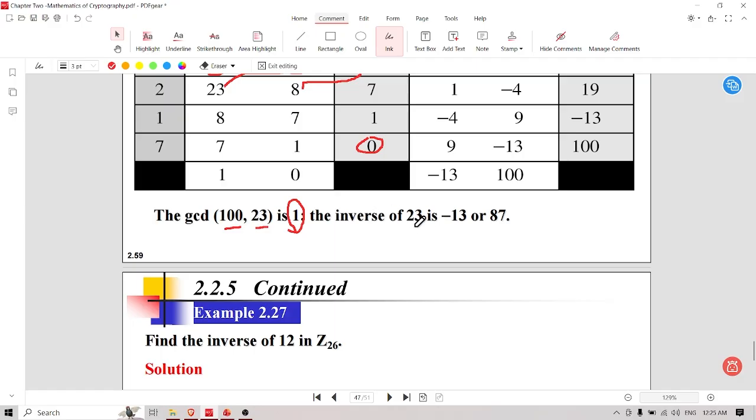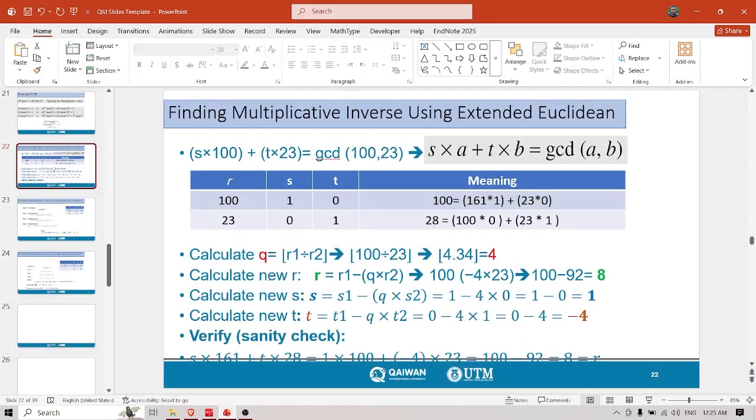It says the inverse of 23 is minus 13 or 87. Now, this is the solution. Let's see how it is found. You should be very careful with me. We say s multiplied by 100 plus t multiplied by 23 is equal to the GCD of these two, which is 1.